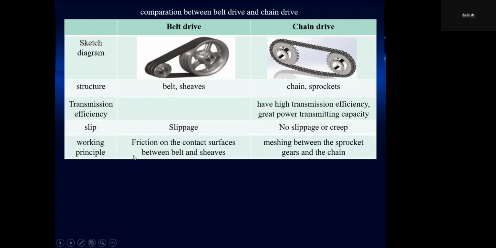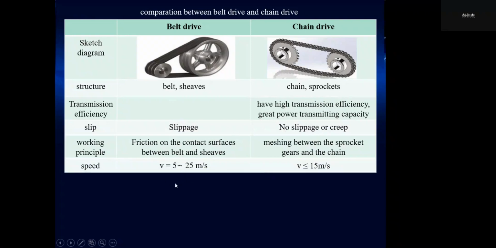Belt drive is driven by friction on the contact surface between belt and pulleys, so its transmitting capacity is limited. While chain drive is a mesh drive, which is driven by the thrust between teeth.